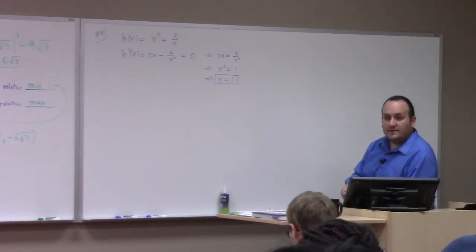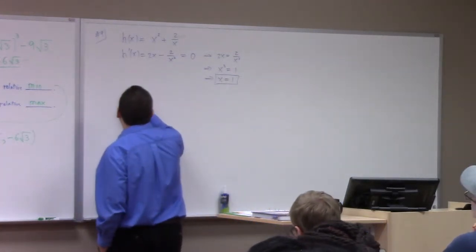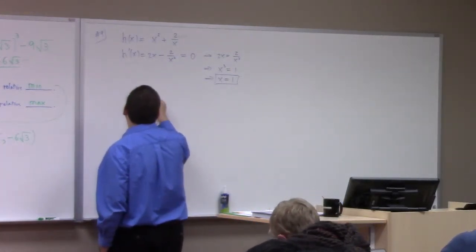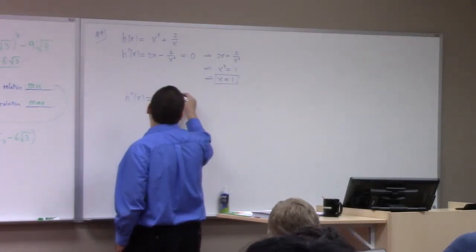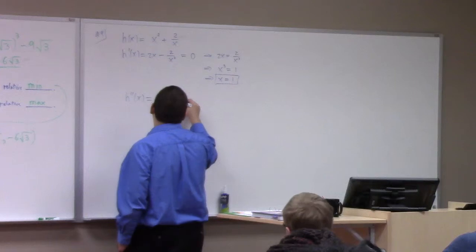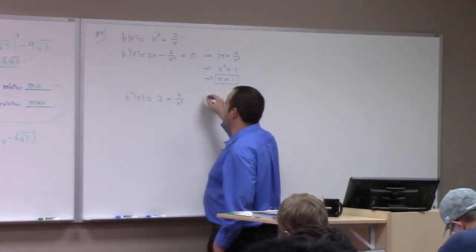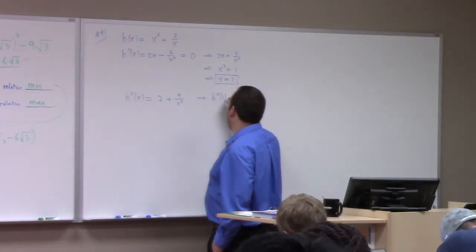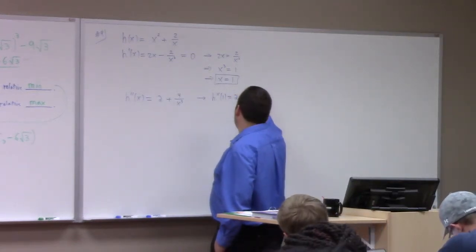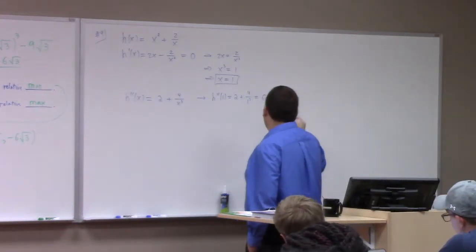Oh, I guess we should calculate the second derivative then, huh? What's h prime prime of x? 2 plus 4 over x cubed? All right. That tells me that h prime prime of 1 is 2 plus 4 over 1 cubed, which is 6, which of course is greater than 0.